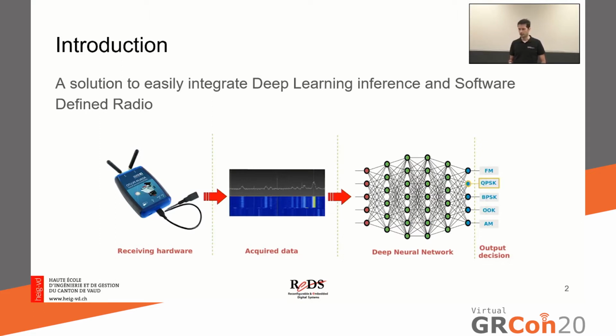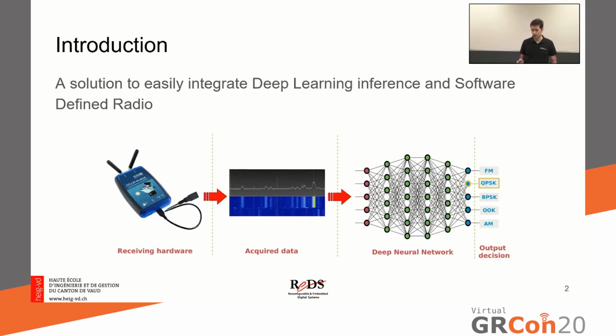And that's why we think that if we integrate deep learning and software-defined radio, we will have a platform flexible enough that will allow us to easily test these kinds of solutions for the radio frequency domain.